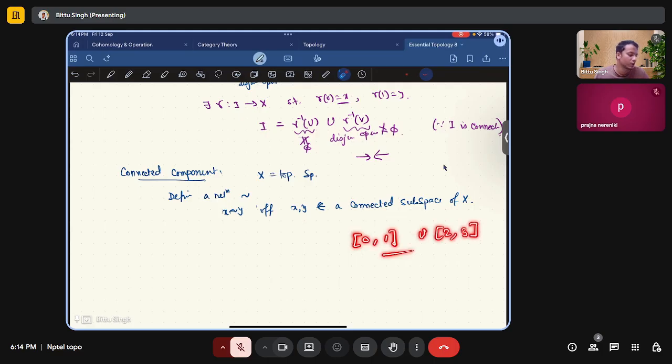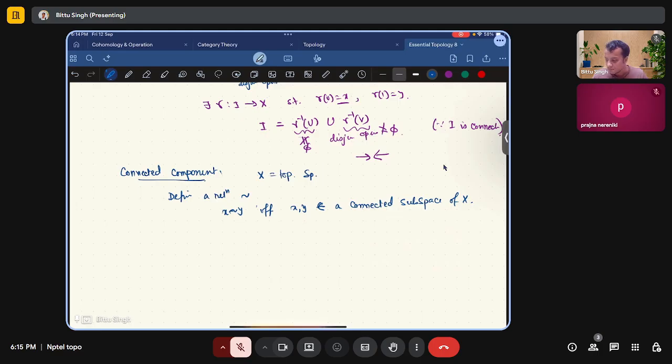So this is not connected. But if those two intervals have a common point, then their union must be connected. That's why this is an equivalence relation.